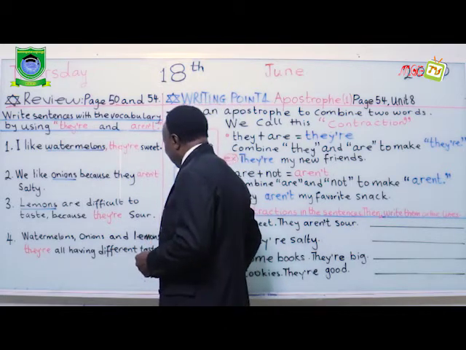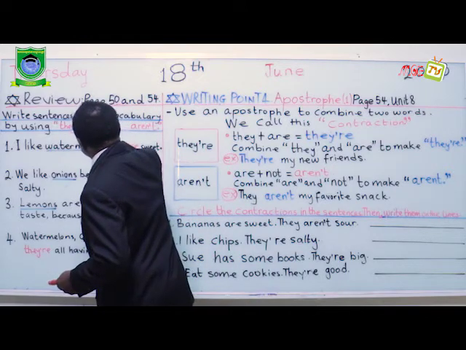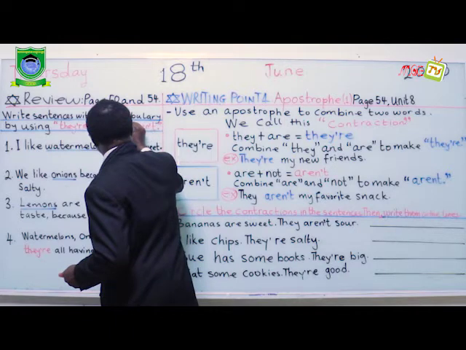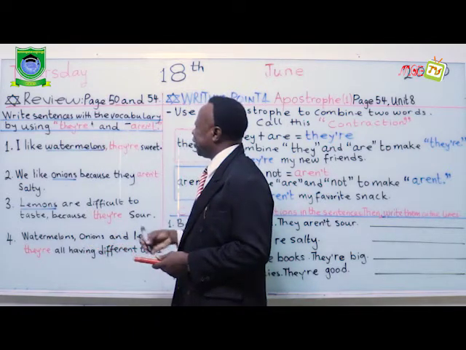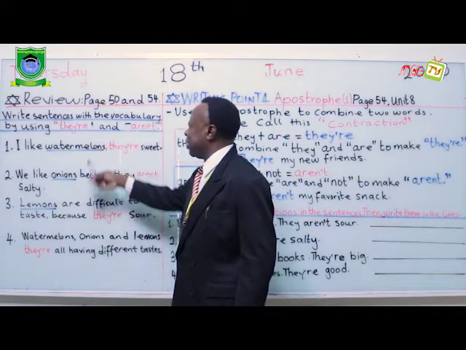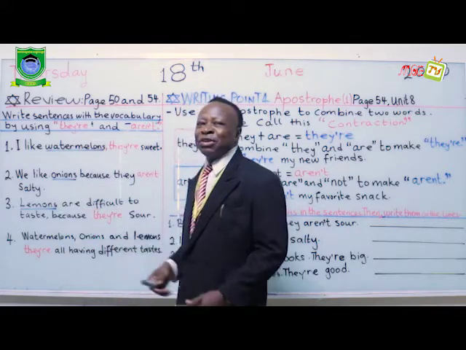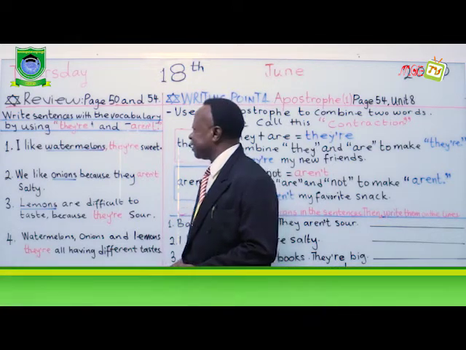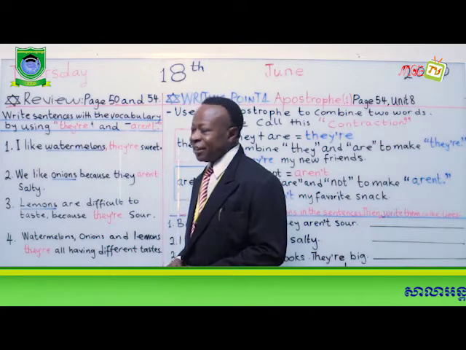This one is positive, and this one is negative. We are going to use words like watermelons, onions, and lemons to write sentences with they are and aren't.